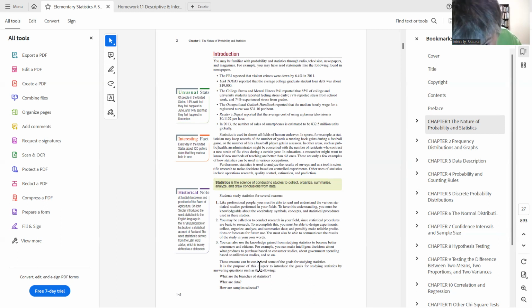I'm going to also show you here. Let me go back to, let me stop sharing this for a moment here. Oh, before I leave that, let me show you where the population versus the sample is.